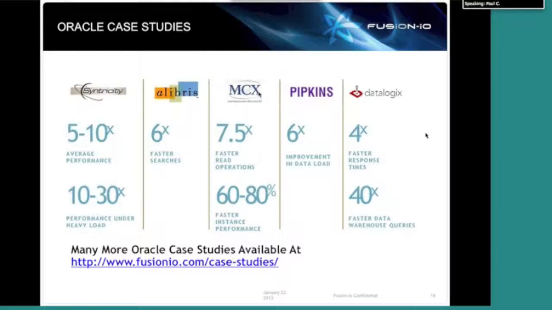For example, a Libris online bookseller, 6x faster searches. So that's kind of important. If you're an online retailer, and maybe you're helping people book hotel rooms or flight reservations, well, when I search for a flight tomorrow going from Washington to Los Angeles, it better come back pretty fast.